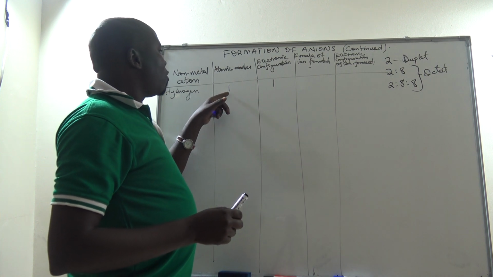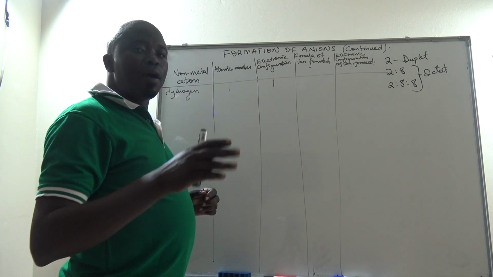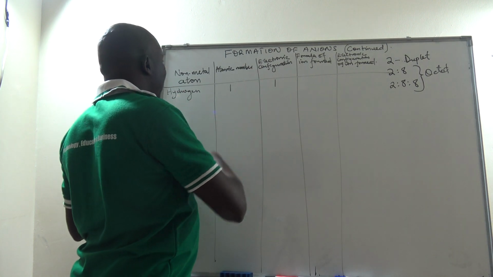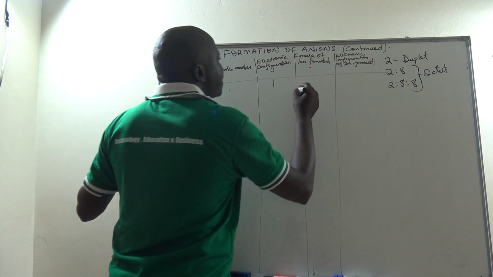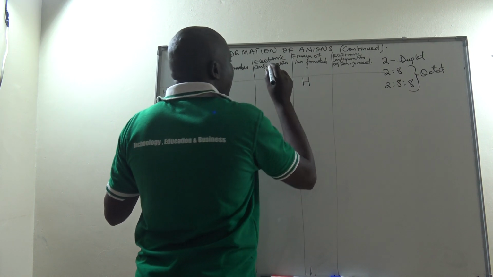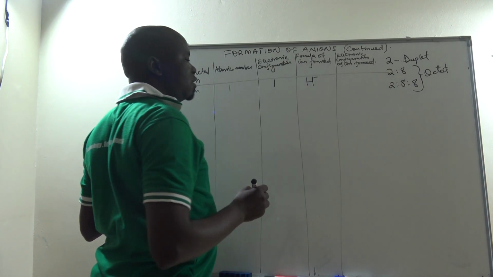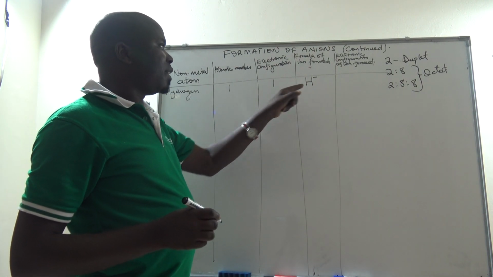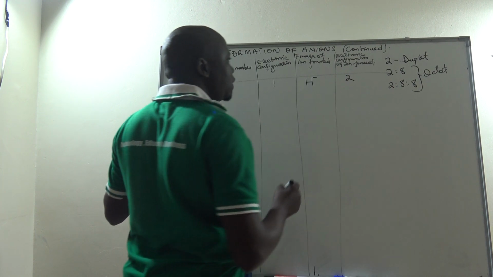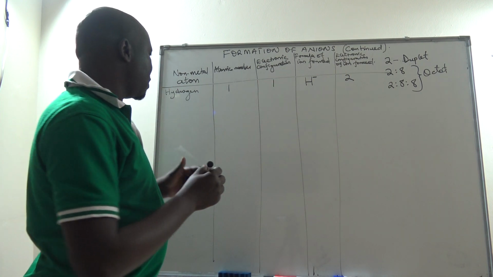That's why it is also taken to be under group 7 elements in the periodic table, because those group 7 elements require just 1 electron to fill the outermost shell, just like hydrogen. So the ion formed will be as a result of the gain of 1 electron to fill the outermost shell, and the atom becomes negatively charged with 1 negative charge, and this is what we call a hydride ion. So the electronic configuration of the ion formed in this case is 2. That one is a duplet configuration because 1 electron will be added here to fill the outermost shell.